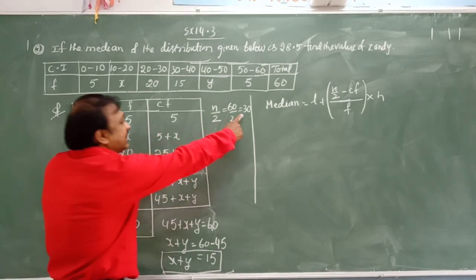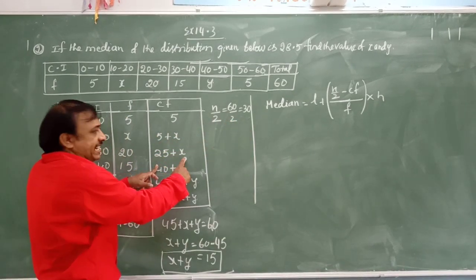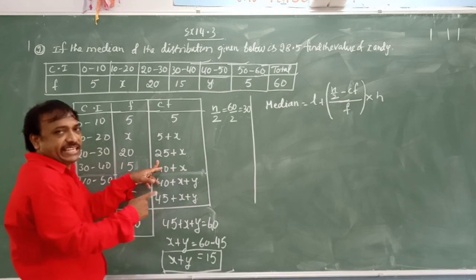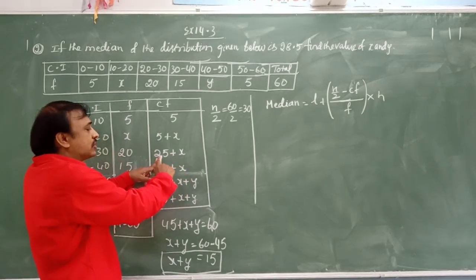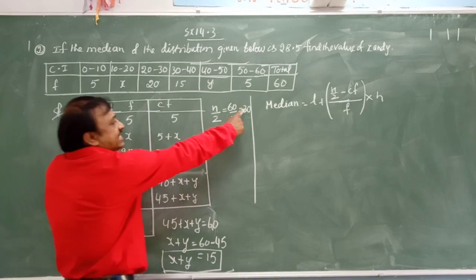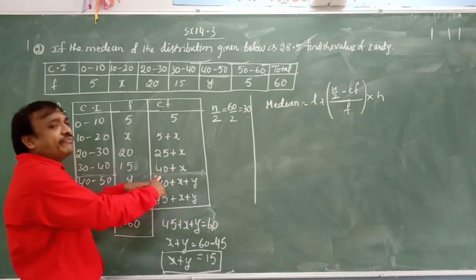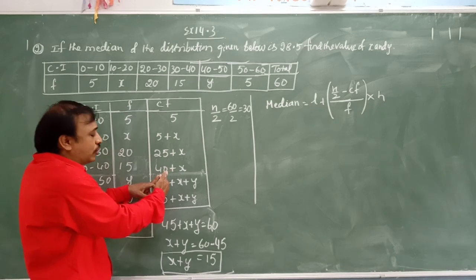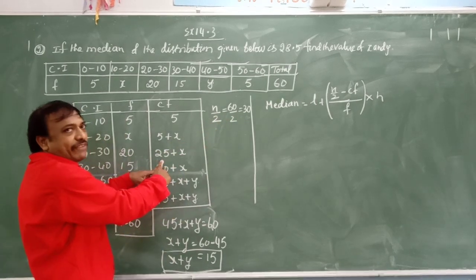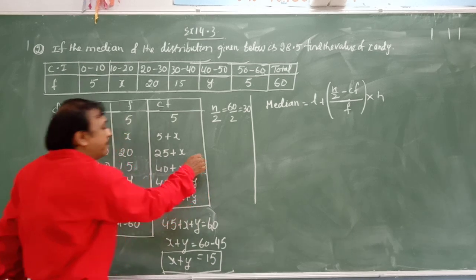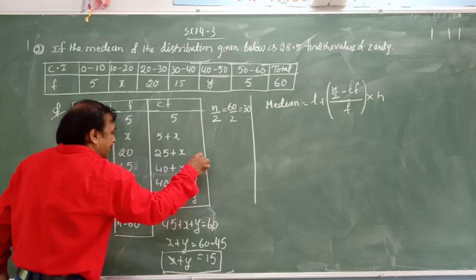See, this value is 30, and x is a variable, it varies, so 25 plus x could be 30. The next value, 40 plus x, is too big. So 25 plus x is the median class interval.